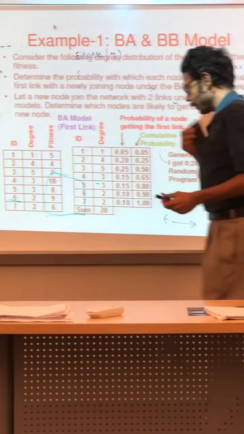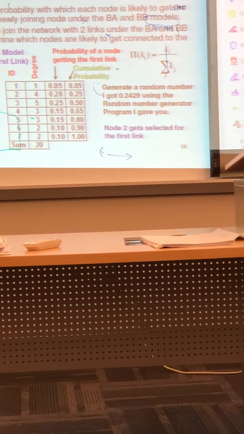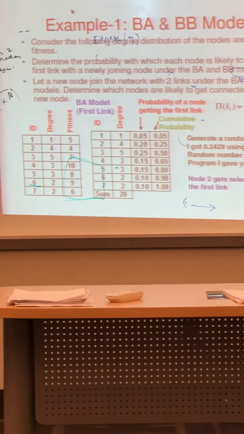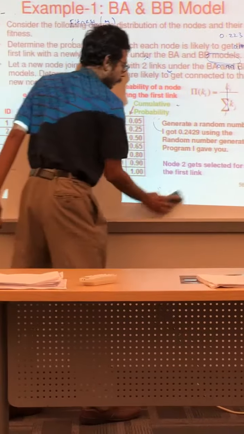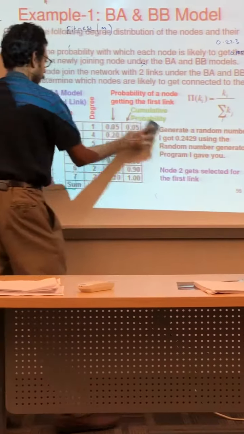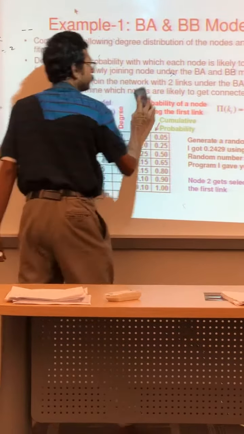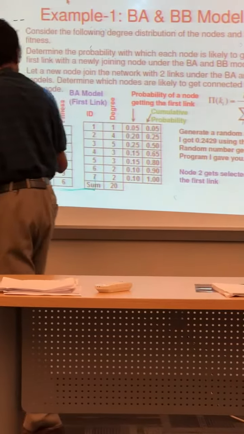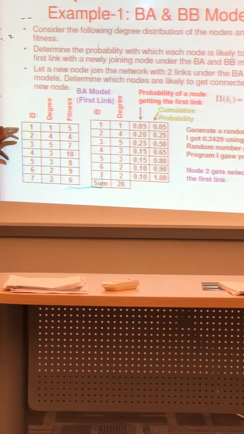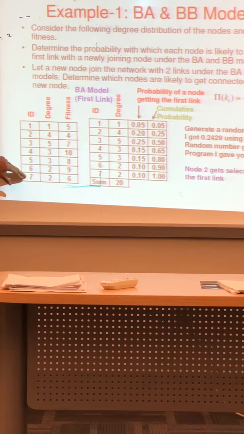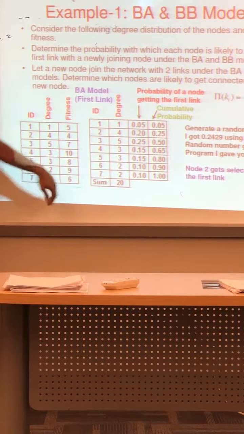Okay, so let us do some math problems. So it will be reinforcing what we just saw in theory. Okay. All right. So let us say you are given the nodes that are currently out there. So currently you have say 7 nodes in the network, and this is the degree of those nodes, and this is the fitness of those nodes.